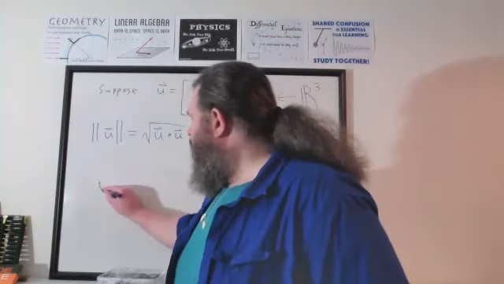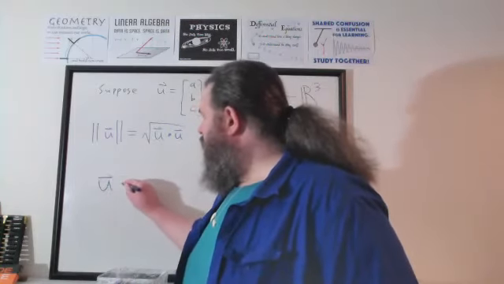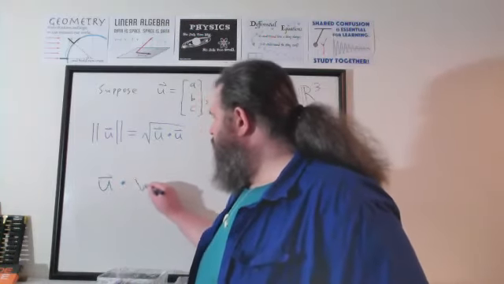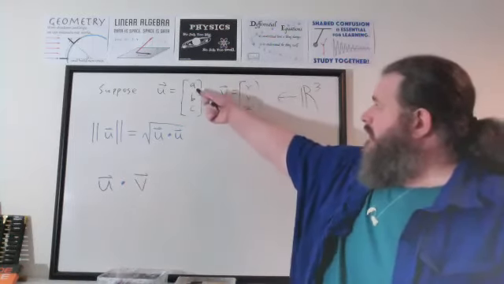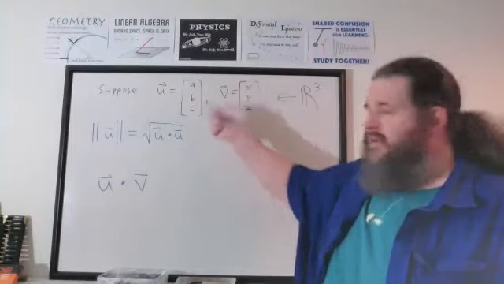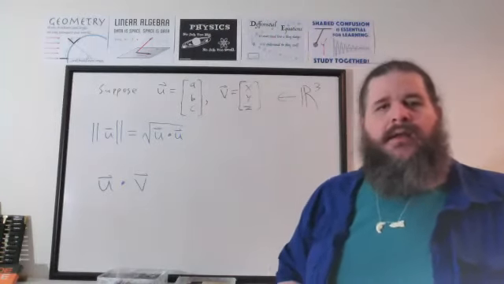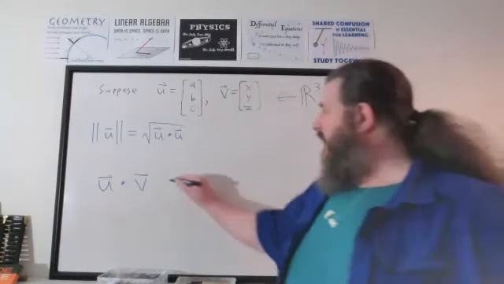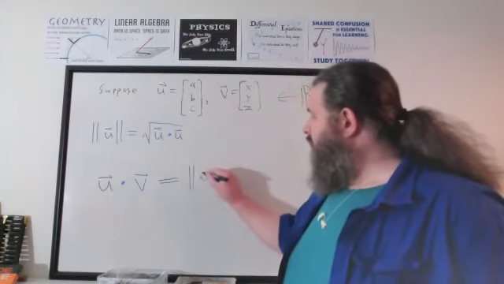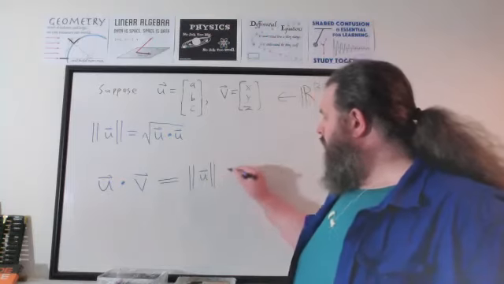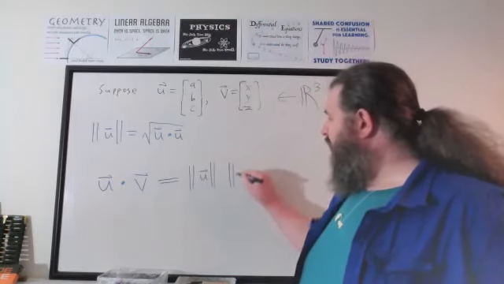Also, if you're taking the dot product of two vectors, u dot v, you calculate that by definition by multiplying the components ax plus by plus cz, adding them together. But it also so happens that that equals the magnitude of the first vector times the magnitude of the second vector.